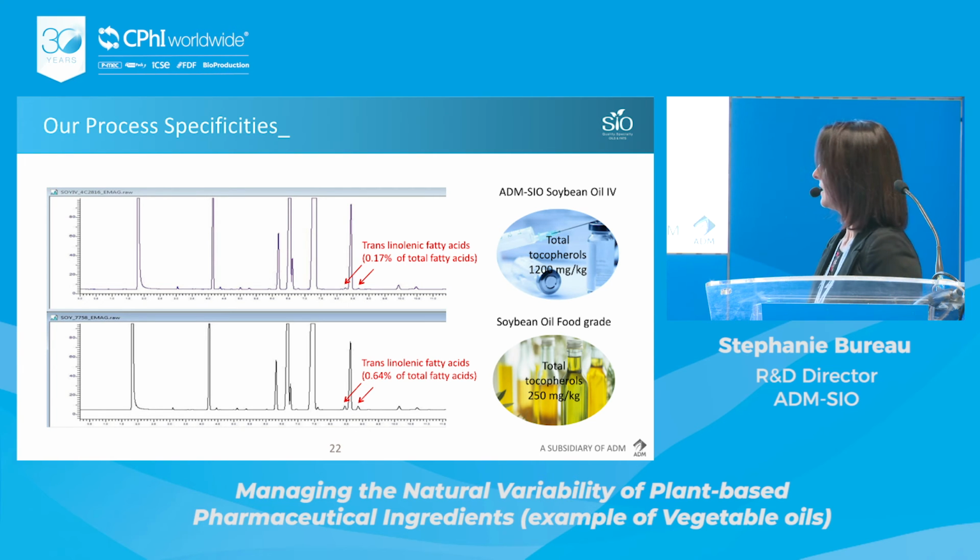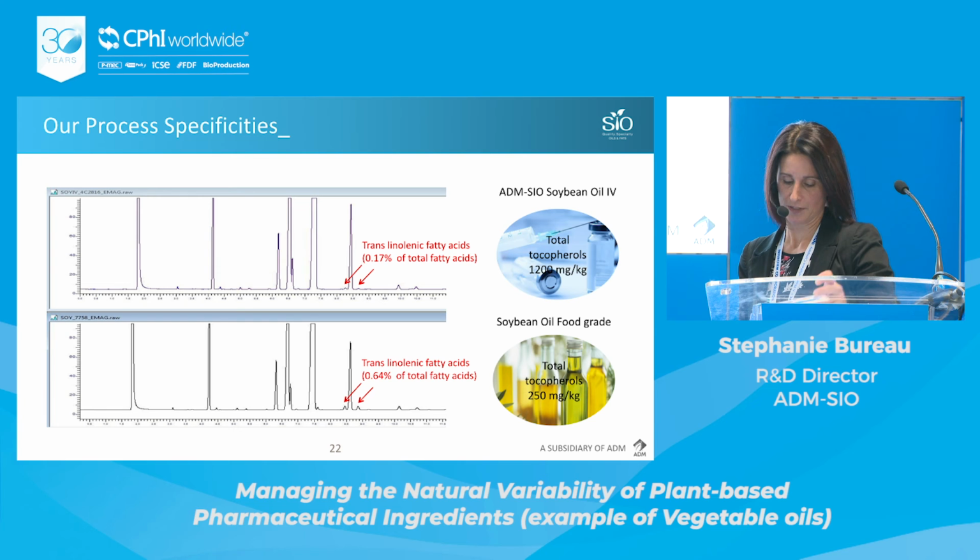And finally, regarding the deodorization step, we work at much lower temperatures to avoid any degradation of the oil and keep as much as possible the natural antioxidants in the vegetable oils.